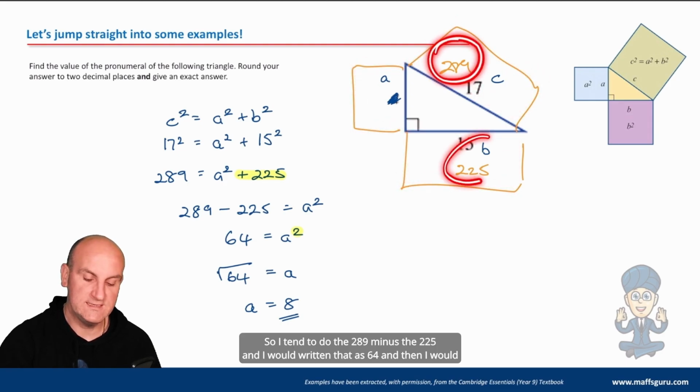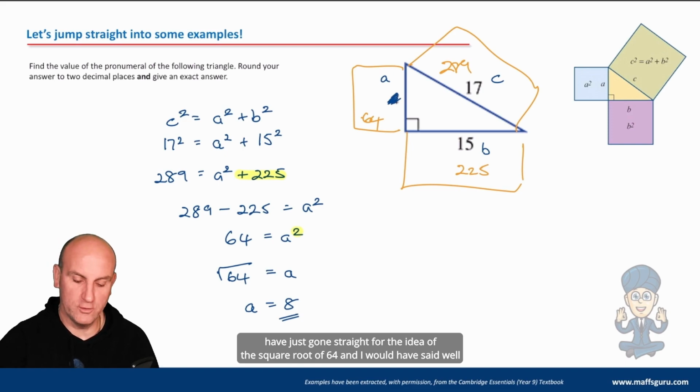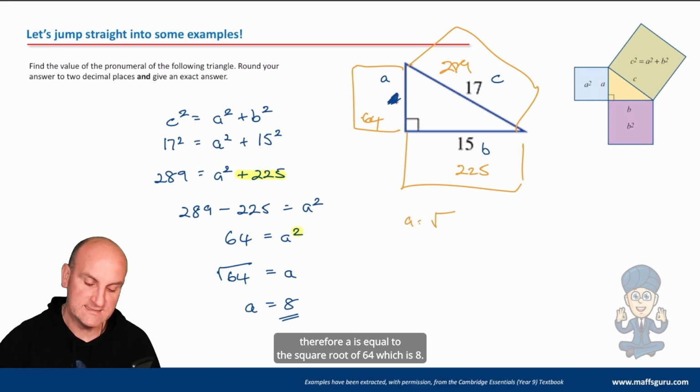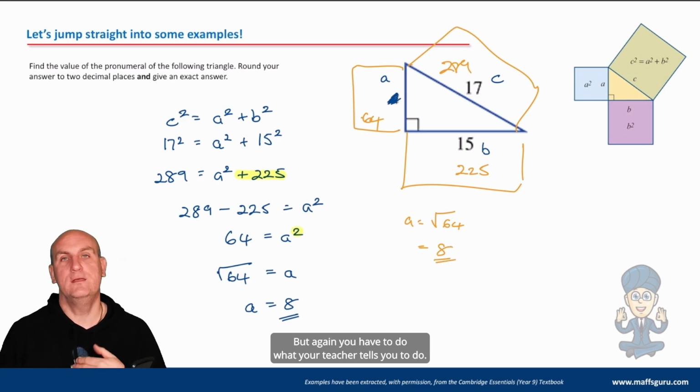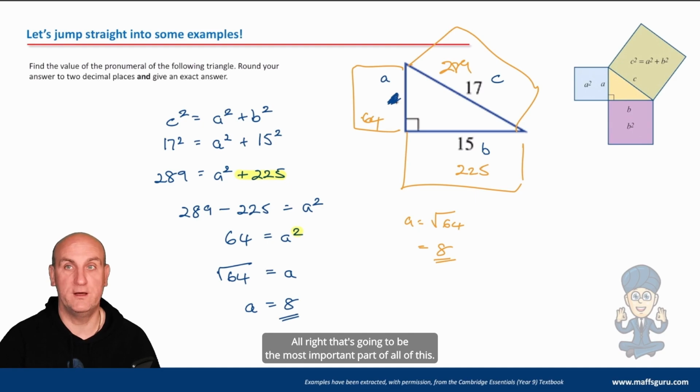So I tend to do 289 minus 225, and I would have written that as 64, and then gone straight for the square root of 64, and said, therefore, A is equal to the square root of 64, which is 8. But again, you have to do what your teacher tells you to do. That's going to be the most important part of all of this.